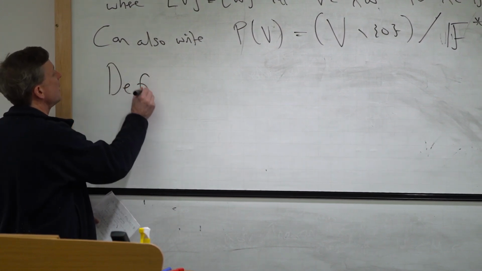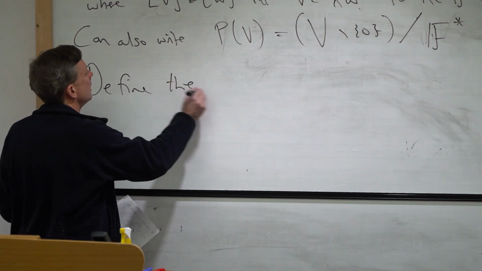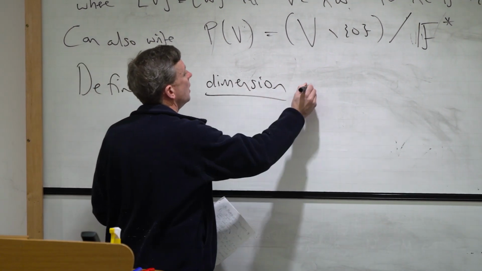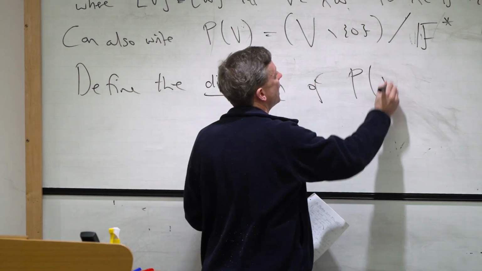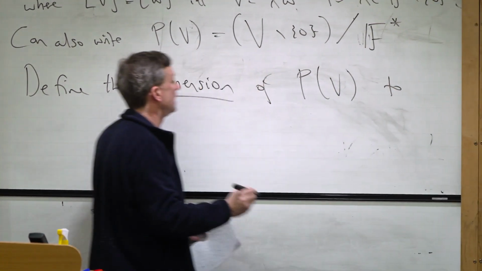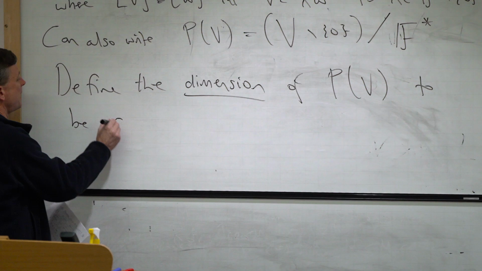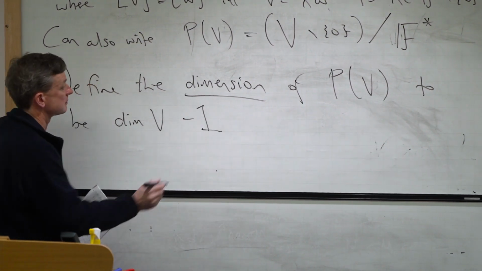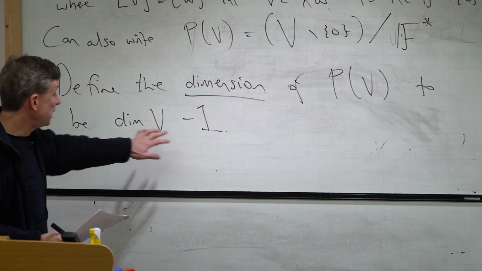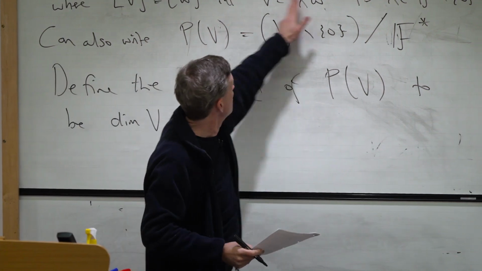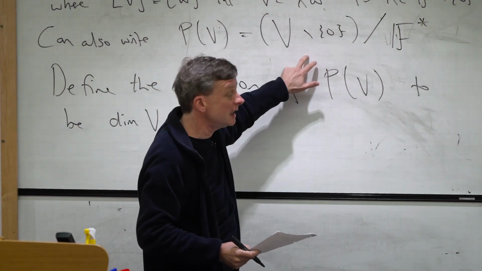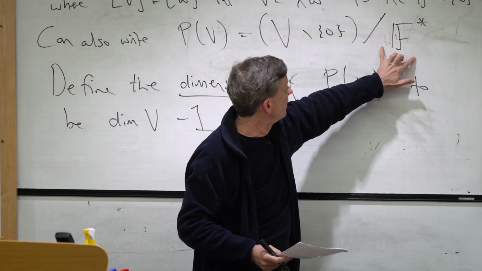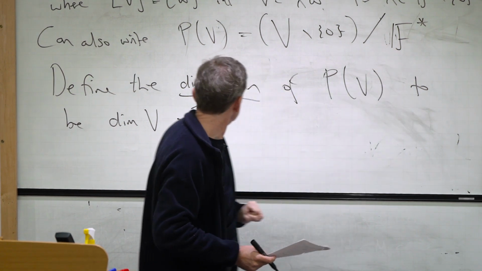So we define the dimension of P of V to be the dimension of V minus 1. So the reason for the minus 1 is that, well, that thing here has the dimension of V, but dividing by this one-dimensional group reduces dimension by 1.